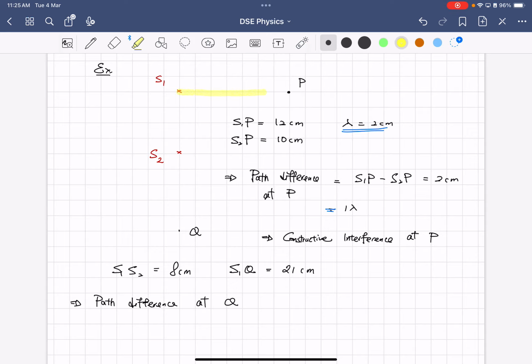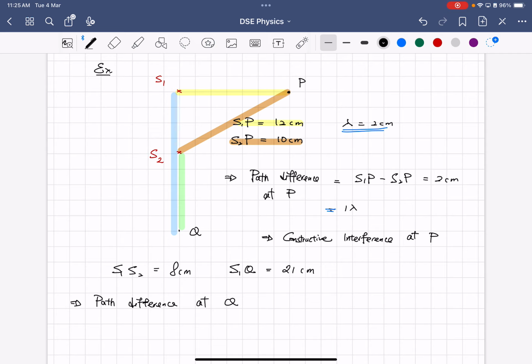Path difference means you find the difference between this and that, and you subtract them. Using that coloring here. However, for Q, what you should do is subtract this with this. So it's 8. It's actually just 8 cm.